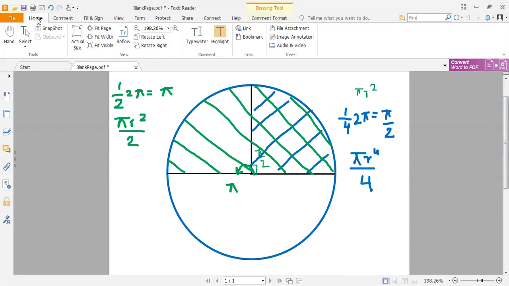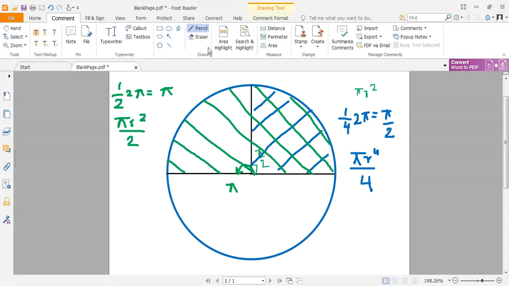So whatever part the sector constitutes with respect to the circle, that number goes on the denominator, right? And this will be pi r square, the area of the circle, which we are well aware of, stays in the numerator.